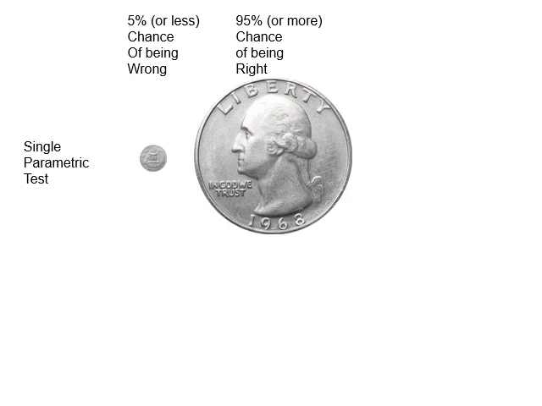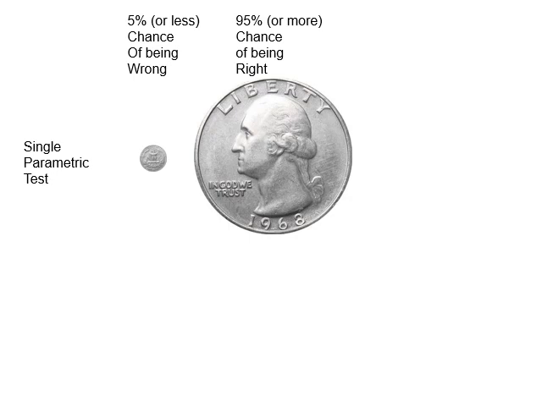If we get a result of 5% or less, that means there's a 95% chance or more that we were right. So at a p-value of 0.05, the chance that we would be wrong is very small. It's 5% or less. And the chance that we're right is 95% or more.